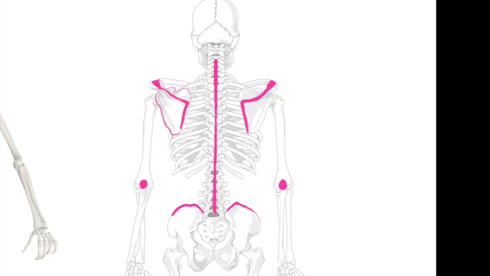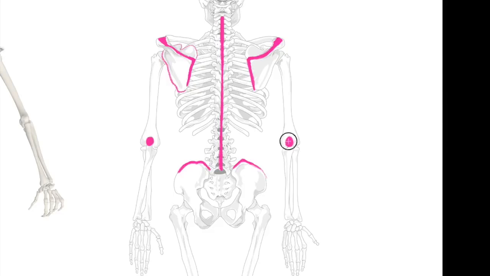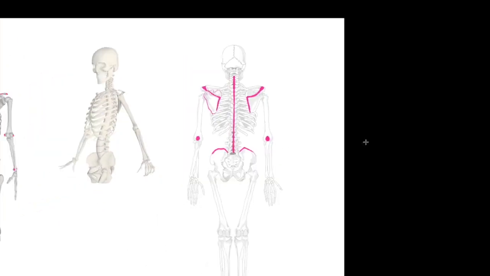That's where these thick lines are, where we can actually feel it. You can touch your back on the shoulder blade. You can feel the bone there, and definitely the elbow area. At the back of the pelvis, we can feel the bone.